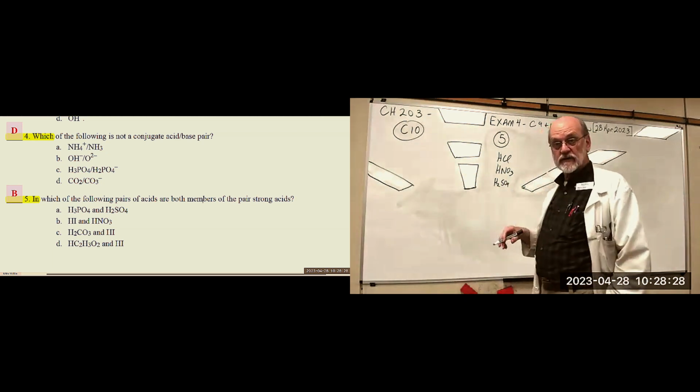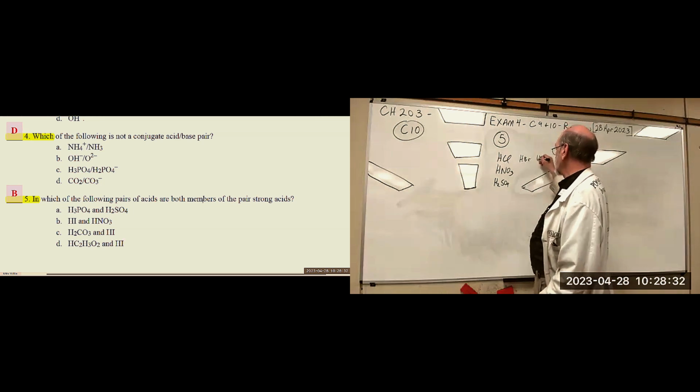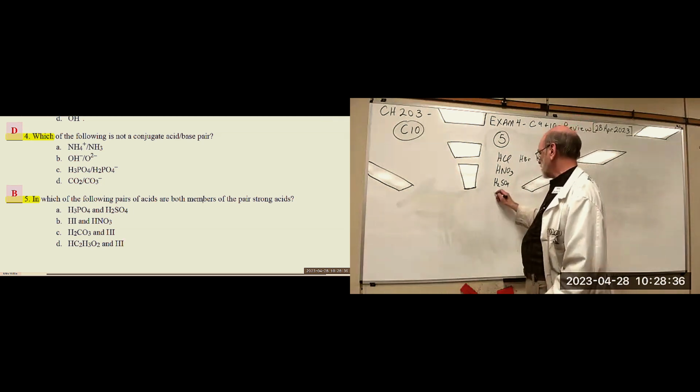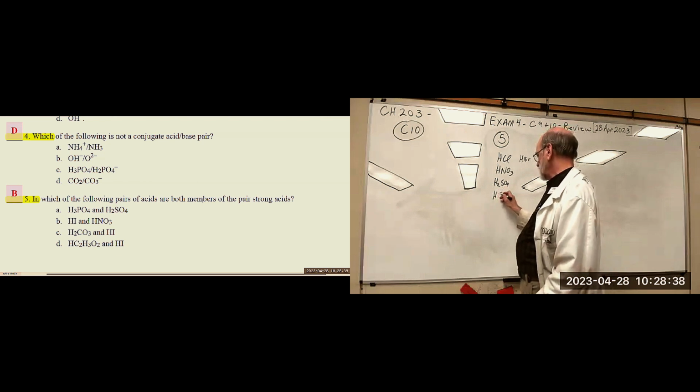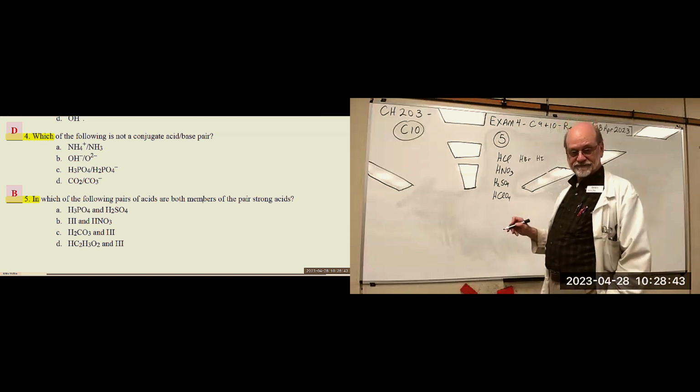I think those were the ones. But you can also have HBr and HI. Those are strong acids. You can have HClO4. Perchloric acid is very strong.